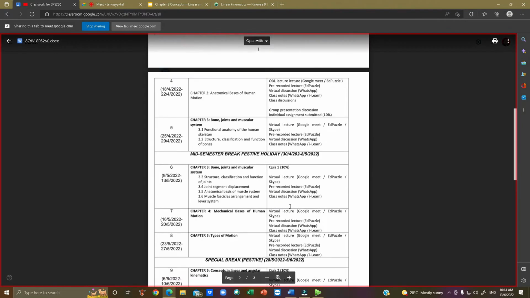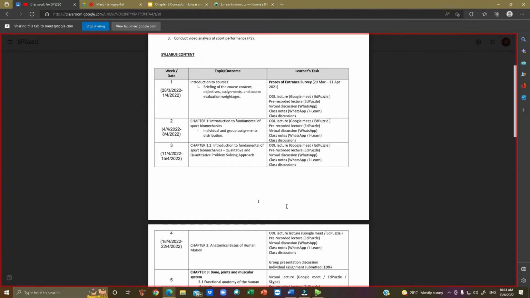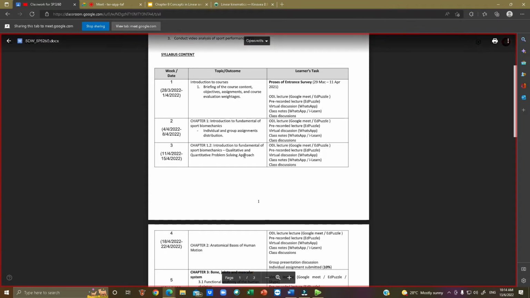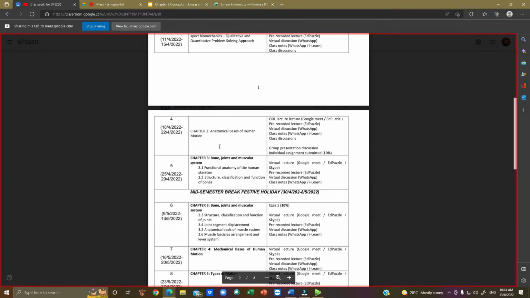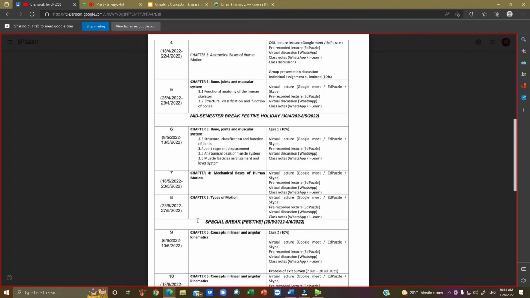So you may have presented, you may have the draft, you may have the written assignment regarding introduction, regarding bone, joint, regarding anatomical basis of human motion, regarding the sport skill that you have chosen, and then you can actually explain about bone, joint, and muscle involved in the execution itself, and you may stop at the type of motion.